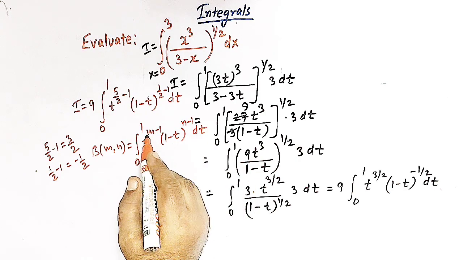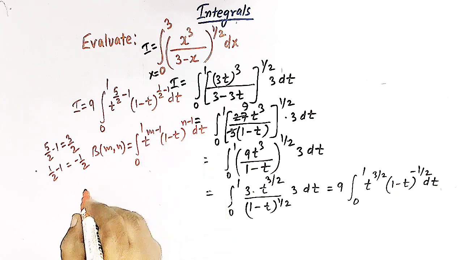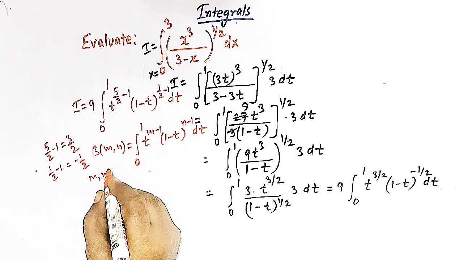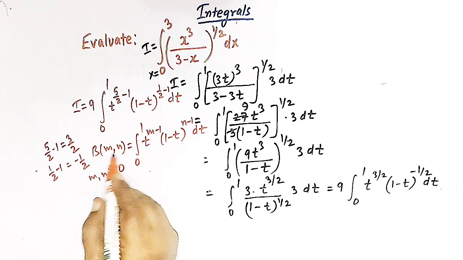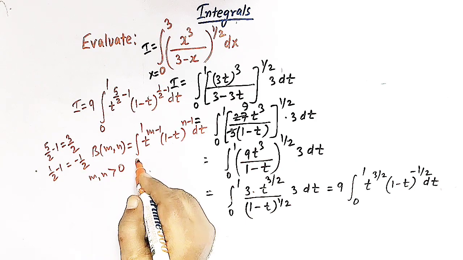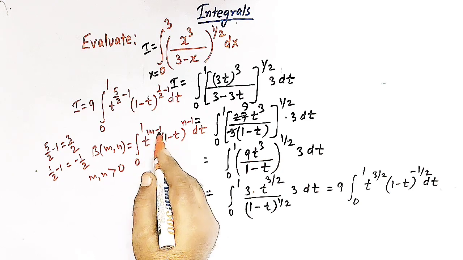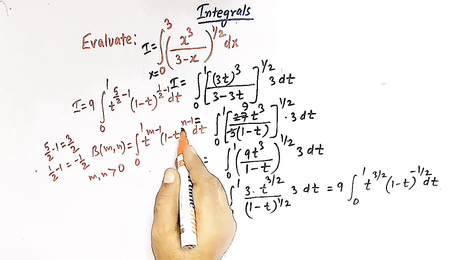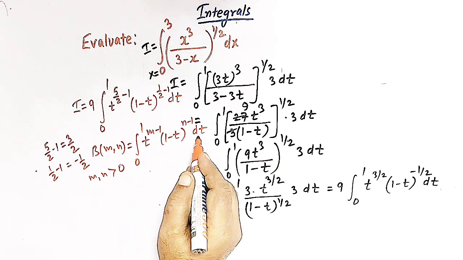So for the positive numbers, that is m and n are greater than 0, the beta function, which is also known as Euler's first integral, is given by 0 to 1 t raised to m minus 1 1 minus t raised to n minus 1 dt, right?